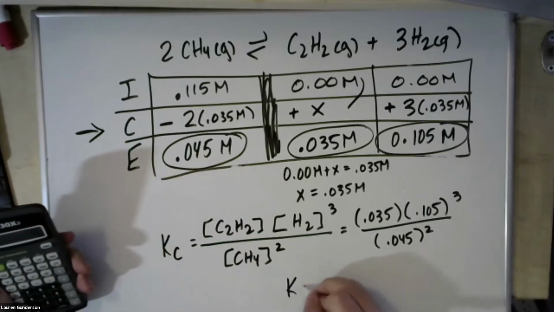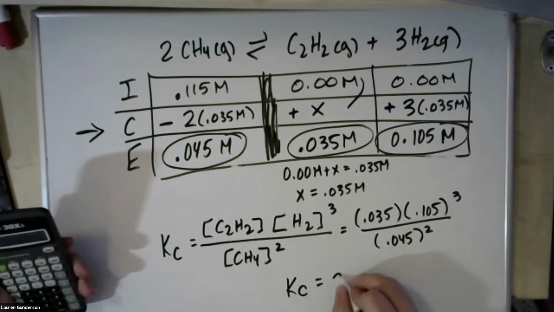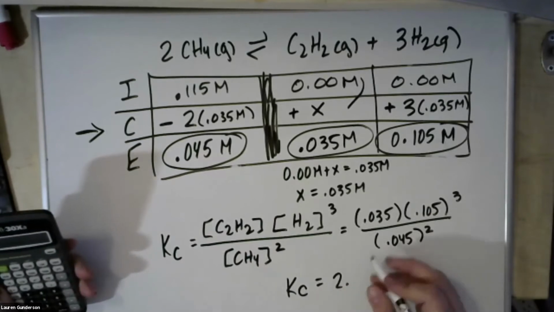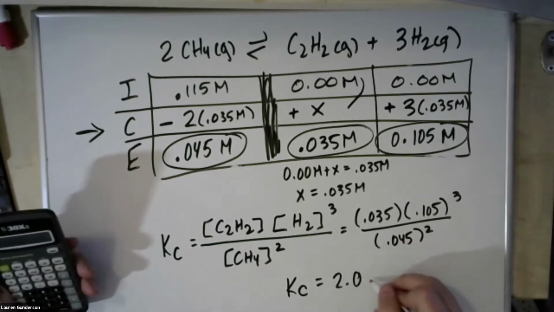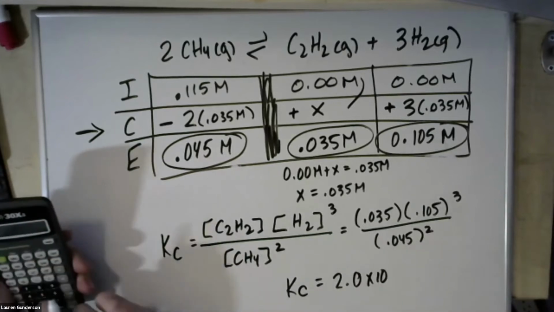And our Kc value here equals, we'll say, 2.0 times 10 to the negative 2.